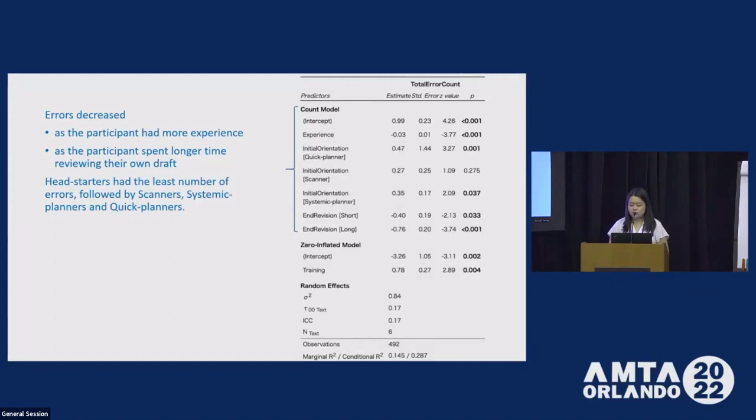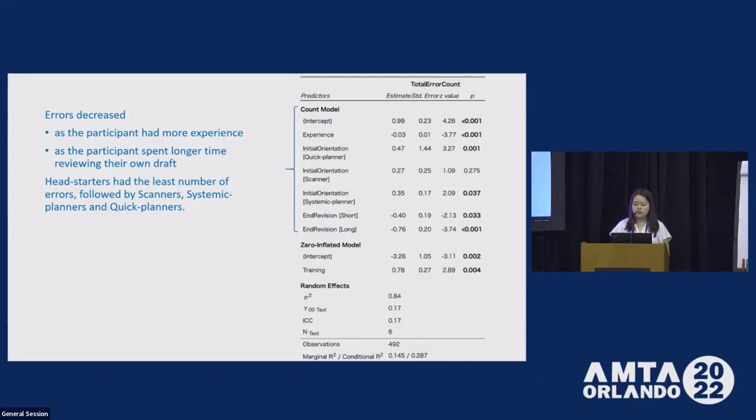Also, head starters who immediately started typing translation had the least number of errors, followed by the scanners who quickly scanned through the ST before typing, systemic planners who read the entire source text before typing, and quick planners who read the first few sentences before typing.